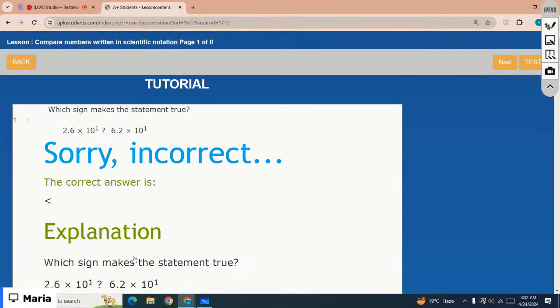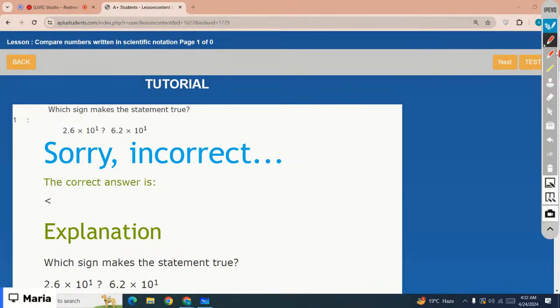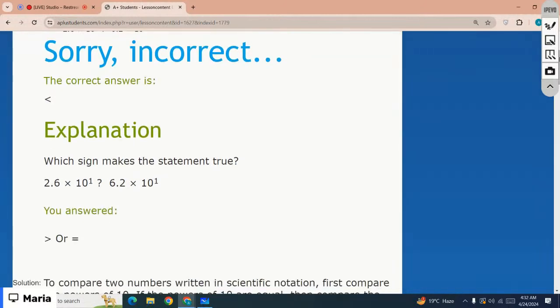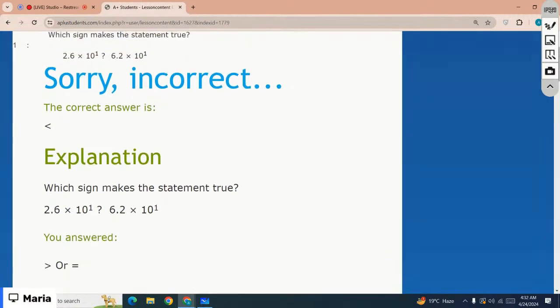Which sign makes the statement true? You have to compare them, right? The first thing you have to compare is the exponents. If the exponents are the same, like for example the first one, 2.6 times 10 exponent 1, and you have to compare it to 6.2 times 10 exponent 1, right?